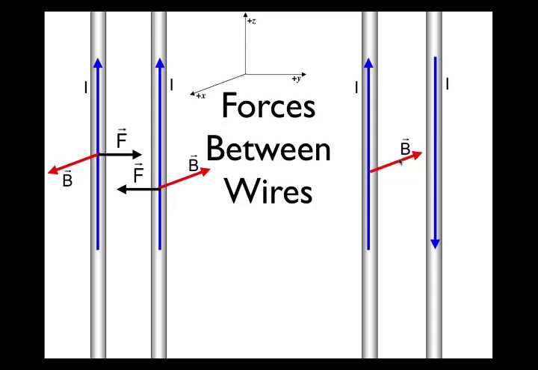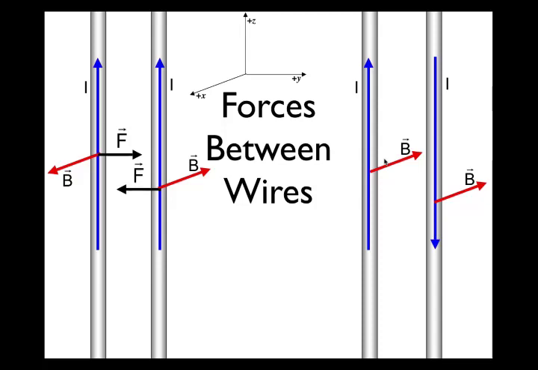Again, if you use the second right-hand rule and orient the thumb of your right hand down towards the bottom of the screen, which is the direction of the current in the right-hand wire, and curl the fingers around, when they hit the plane of the screen, they're pointing into the screen, or in the negative x direction. The magnetic field at the right-hand wire due to the left-hand wire is going to be the same as it was over here, because the left-hand wire still has current traveling toward the top of the page, so the magnetic field there also points into the page.